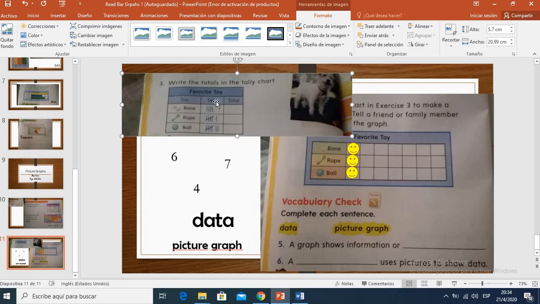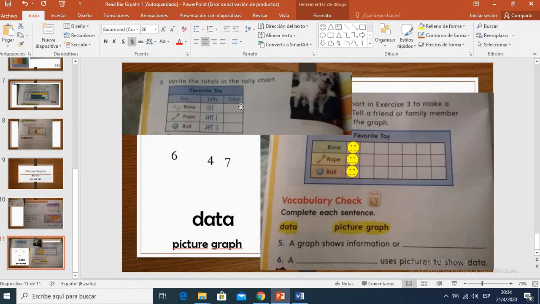So, some people answered to the survey, and this is the information, okay? The tally marks count are the votes, because this is a tally chart. Let's complete the tally chart with the total, right? How many votes for bone toy? 4, so you need to write the number 4.